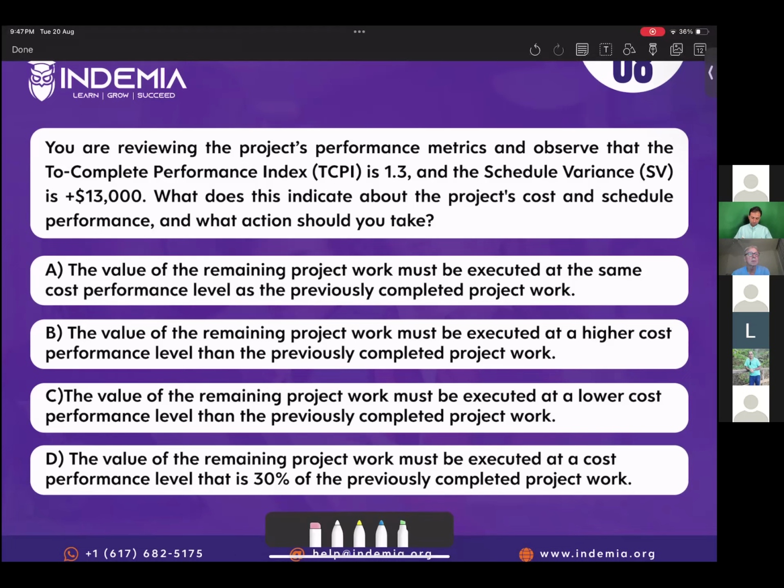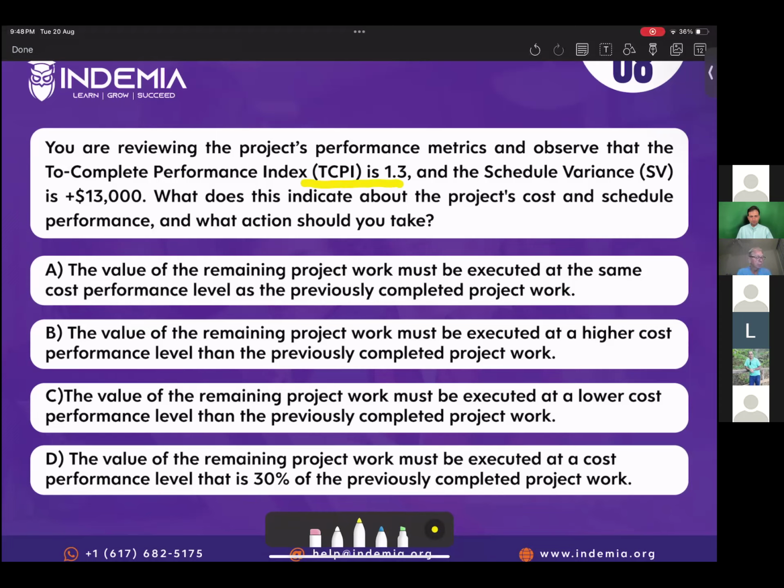TCPI 1.3 means they have to execute something greater than what they've been executing, right? 1.3 means how much additional effort they need to put in now to complete the project, what was scheduled, right? So what has been the baseline, right?